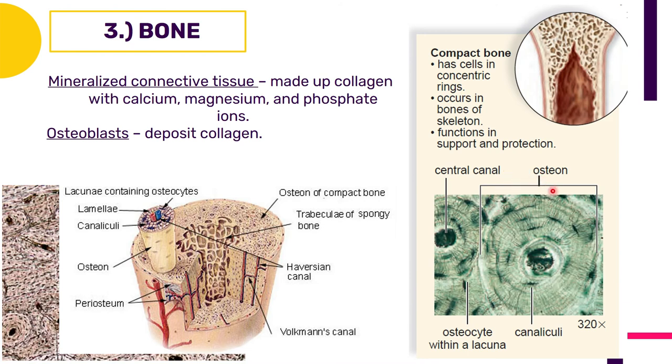In the middle of our osteon, as you can see here, there is a blood vessel. So bones are supplied with blood. The blood vessels are located in the center of our osteon. These circles here, 1, 2, 3, that is the osteon.